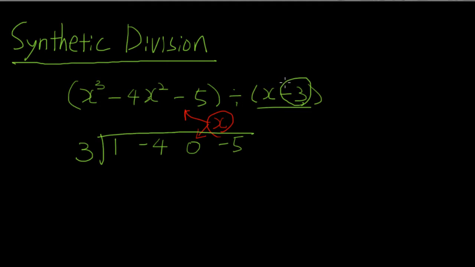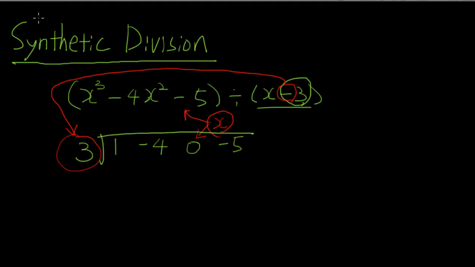So even though this was negative, when we actually write it here, it's going to be plus 3. If this was plus 5, then we would have written negative 5 there, right? So the sign has to be opposite. Because this was negative, we're going to write positive. You always flip the sign.